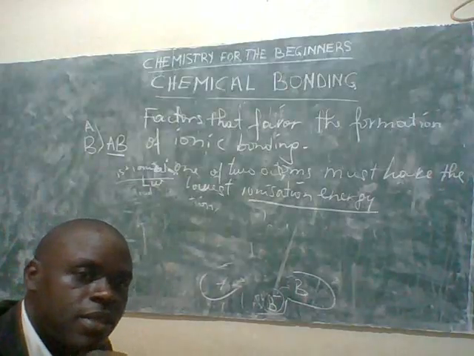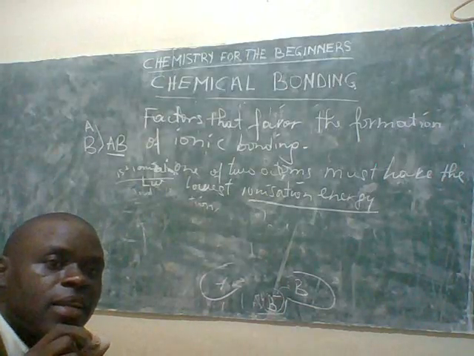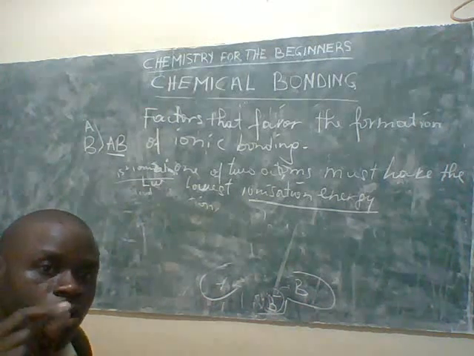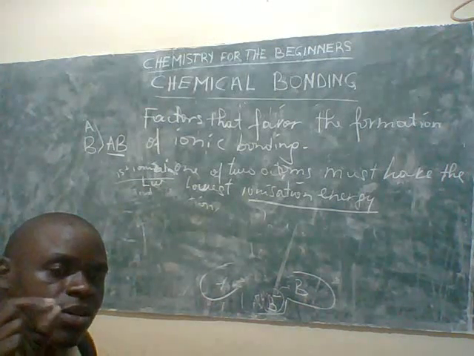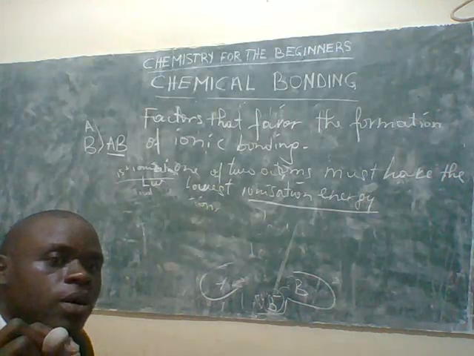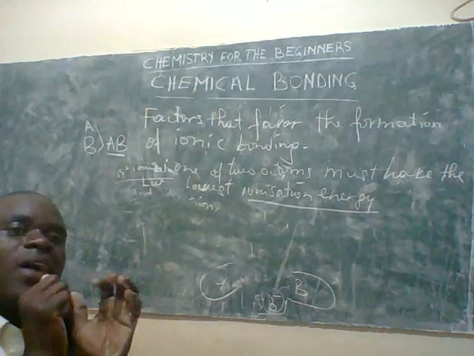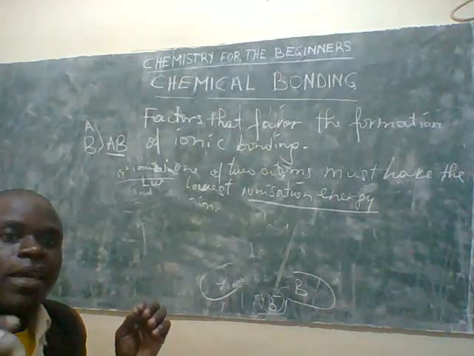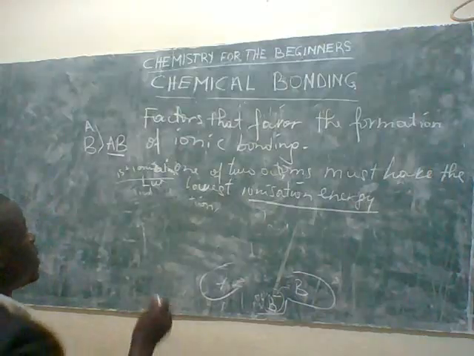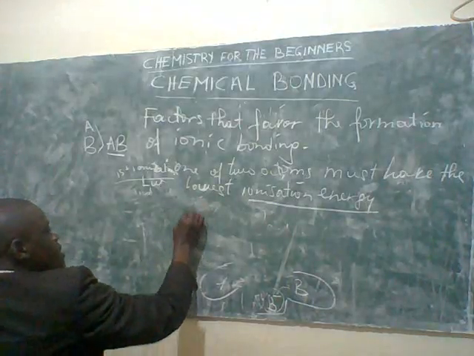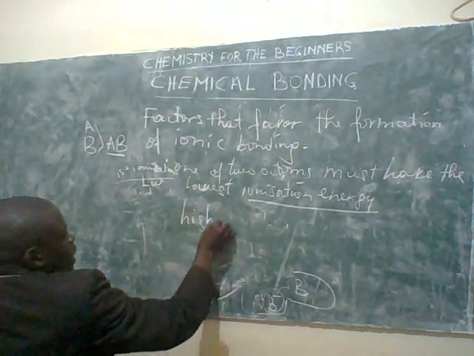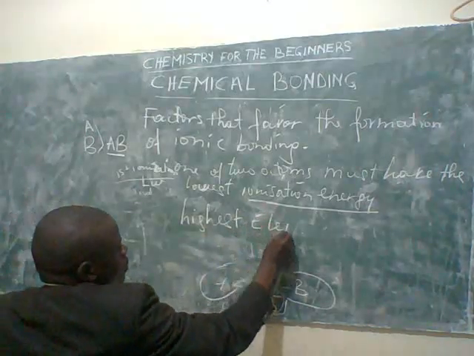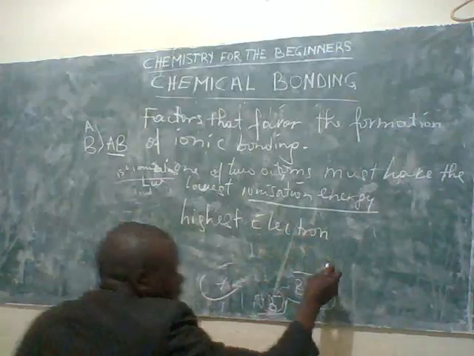But another condition is when they say that it will use the lowest ionization energy, but also that ionic compound must use the highest electron affinity. They must use the highest electron affinity.